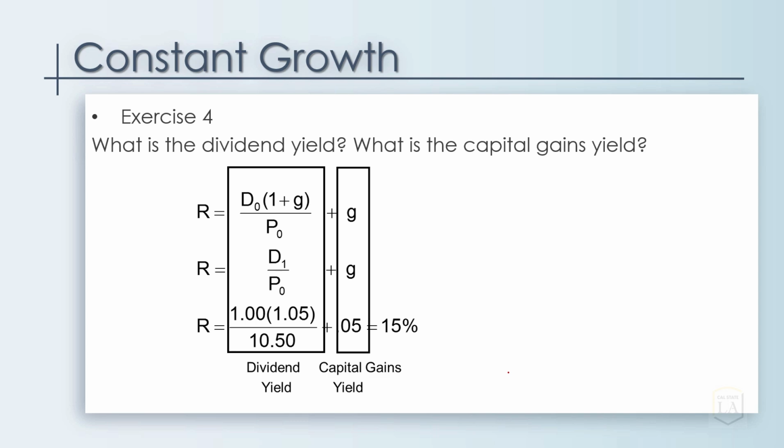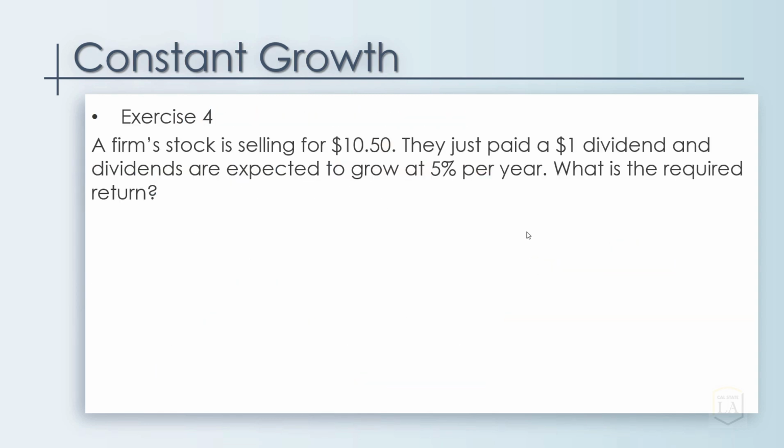So if we just take a look at an example here, let's suppose a firm's stock is currently selling for 10.5. So this is the current price. And it just paid, so dividend 0 would be $1. And the growth rate is expected to be 5%. And with this information, we would like to figure out the required rate of return.